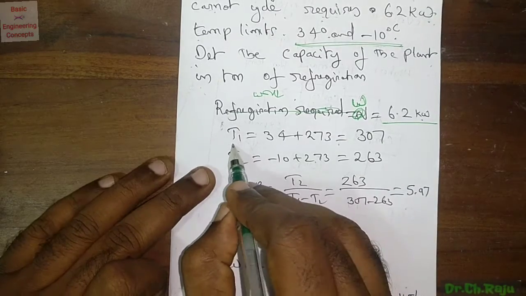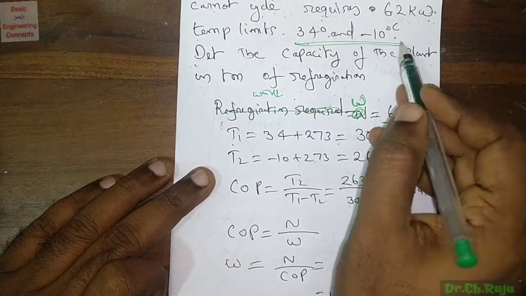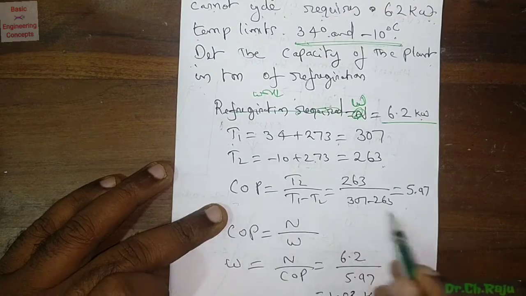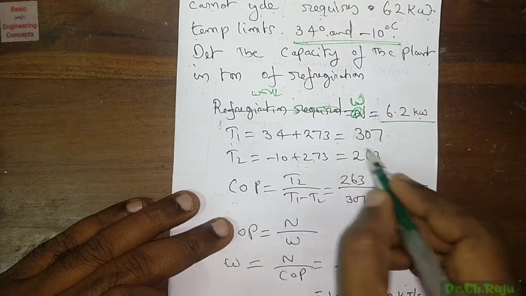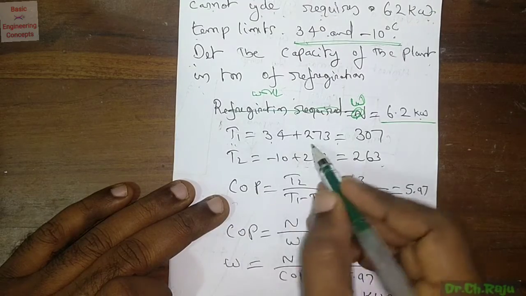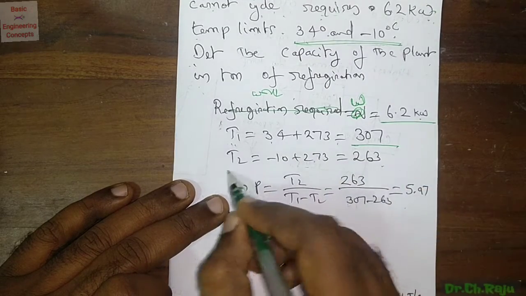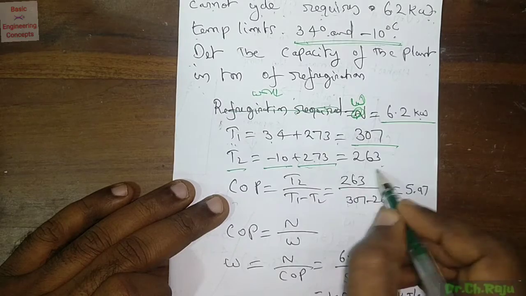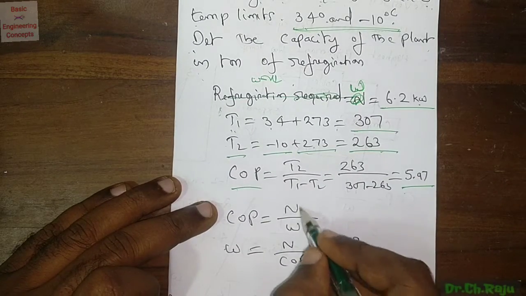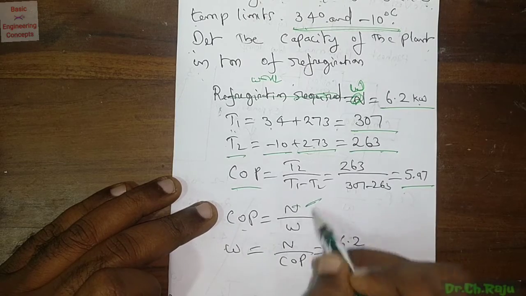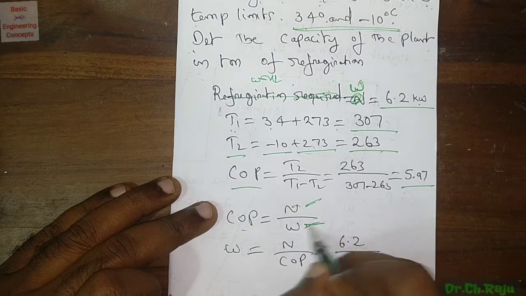T1 is equal to 34 degrees, so T1 is 34 plus 273, that is 307. T2 is equal to minus 10 plus 273, that is 263. Then you can calculate the COP, that is 5.97. COP is equal to N by W, and here W is given.